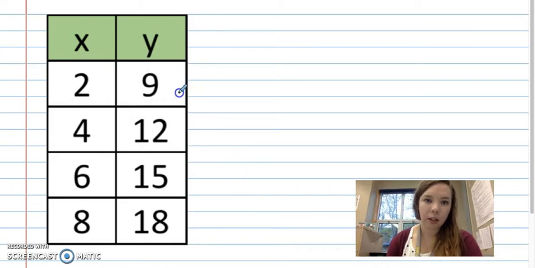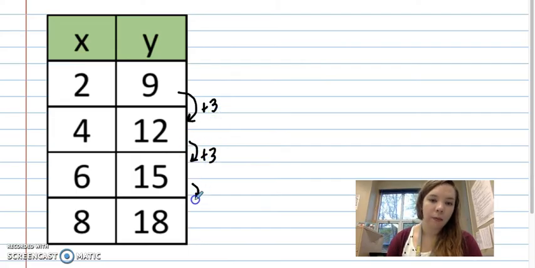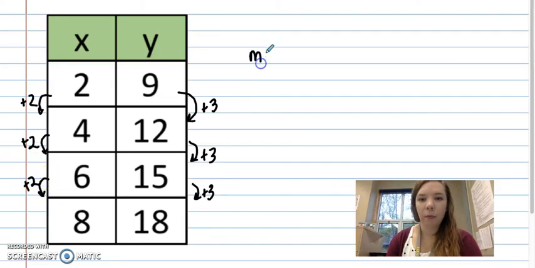Okay, let's find our slope. It looks like our y's are changing by adding 3. And our x's are adding 2. So my slope is 3/2. Then again, you can choose any point you want.